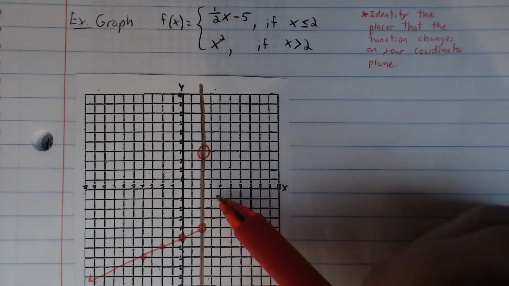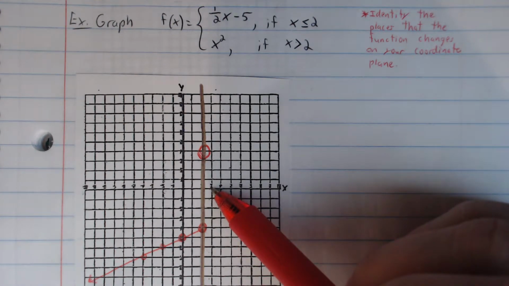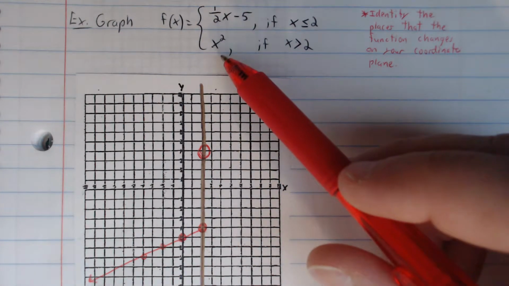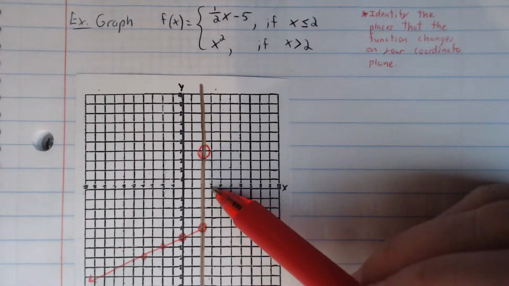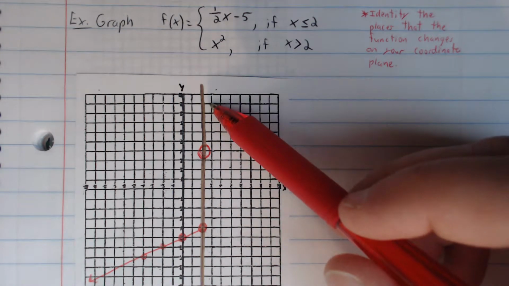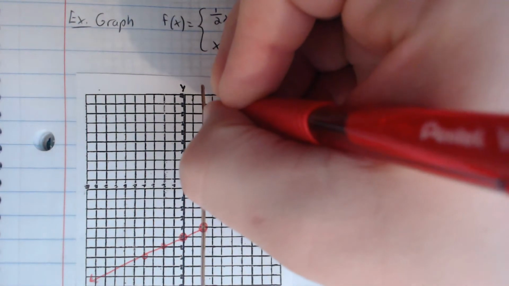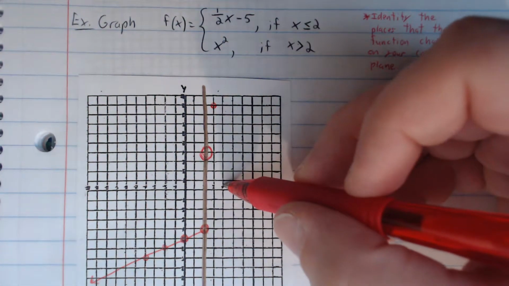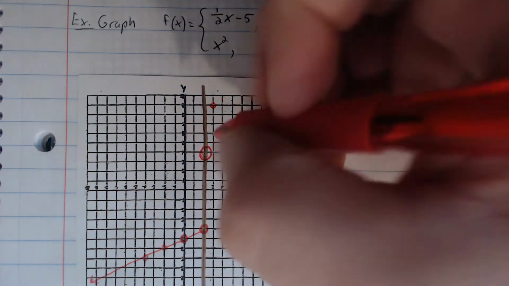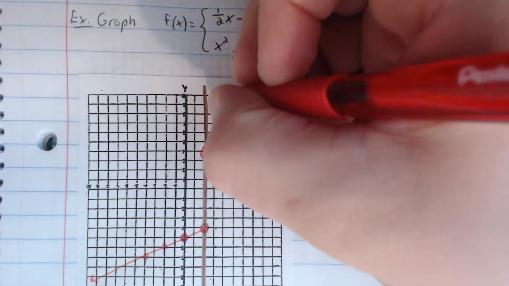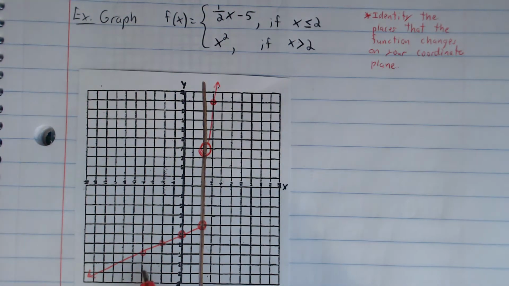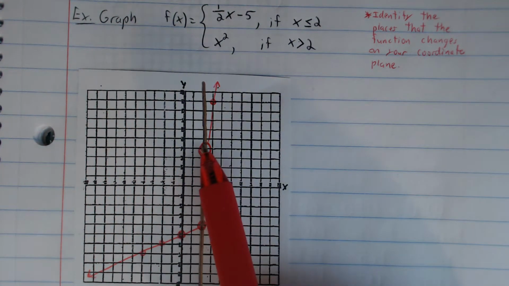When I start evaluating the next values, though, I'm going to continue with that, and I can include them now. So when I evaluate 3, we get 9, so I'm going to include 9. If we evaluated 4, we get 16. That's going to be way off of our graph, but we can see that it's going in that direction. So here you have your graph of that particular piecewise function.